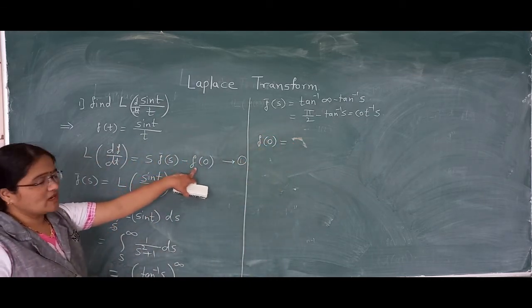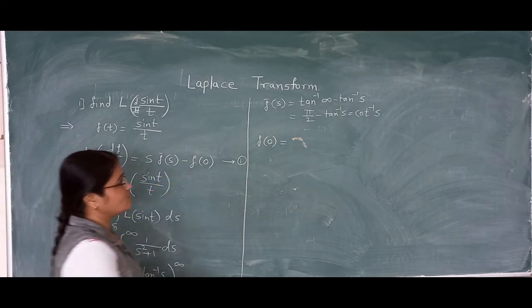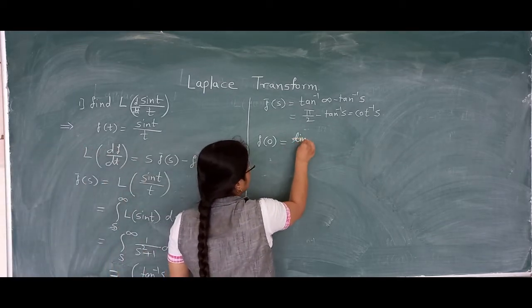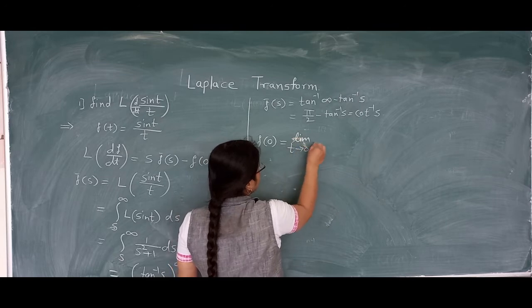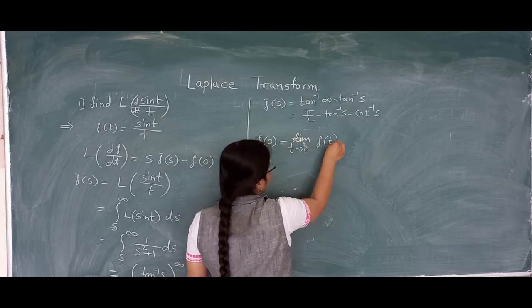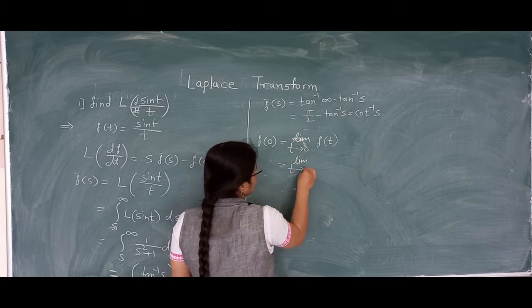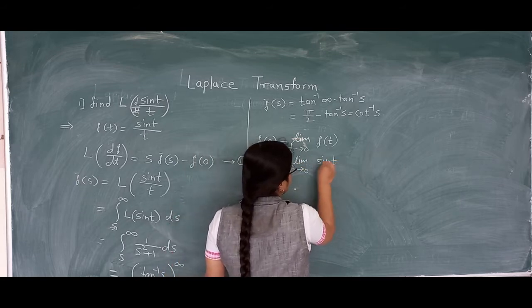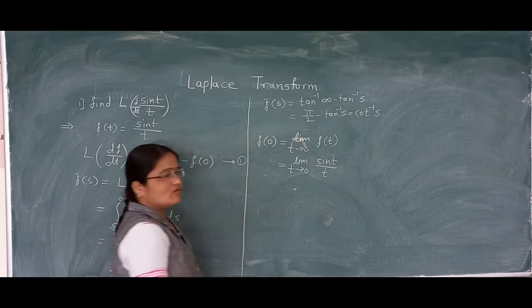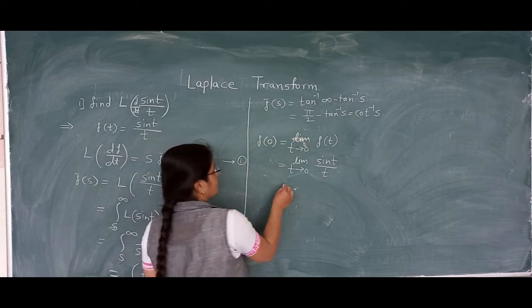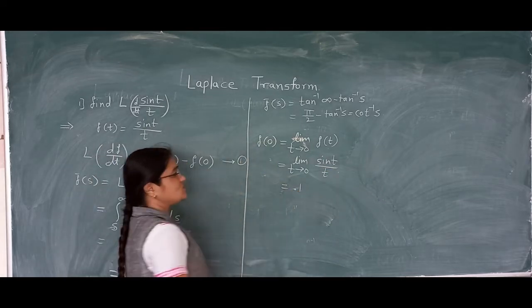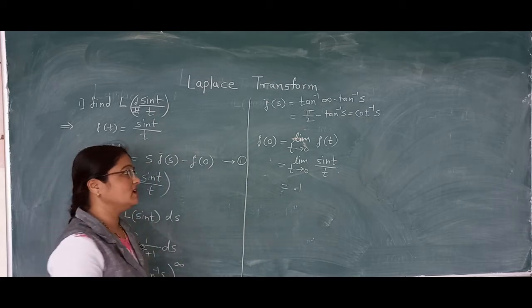Because our next value is f of 0. F of 0 is nothing but limit t tends to 0 of f of t, which is limit t tends to 0 of sin t upon t. And we know that limit t tends to 0 of sin t upon t is 1.